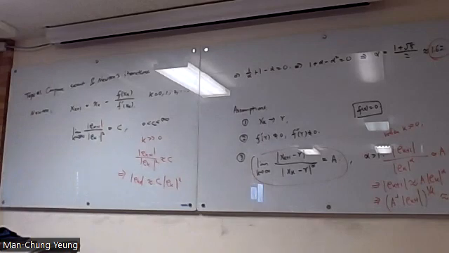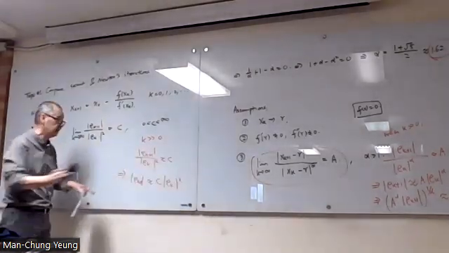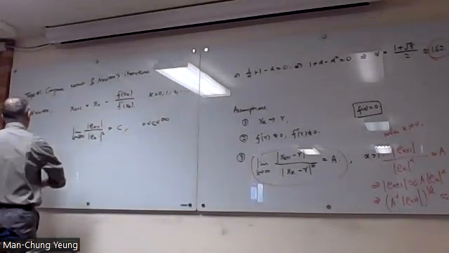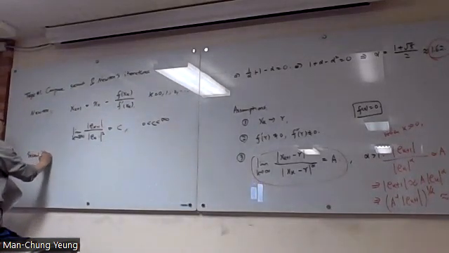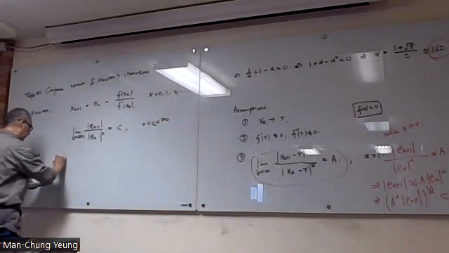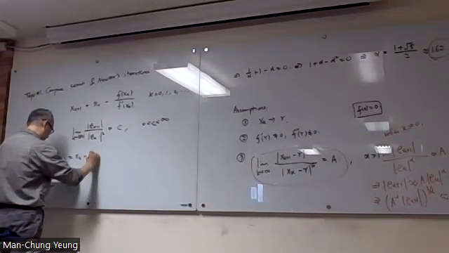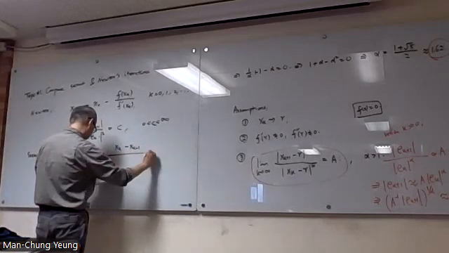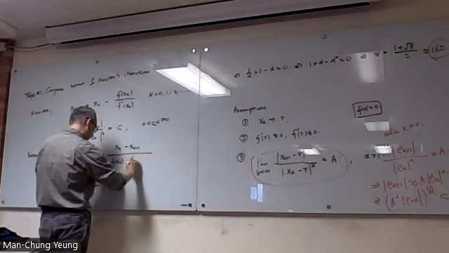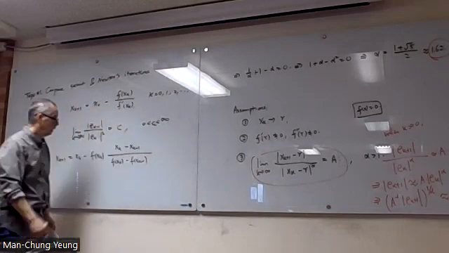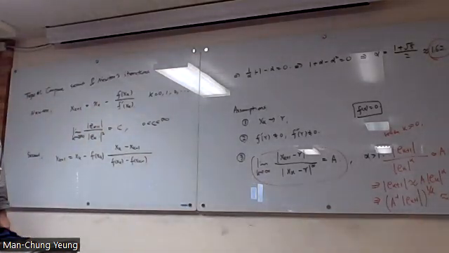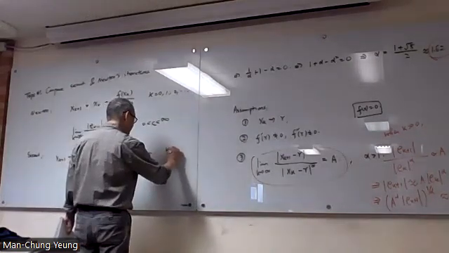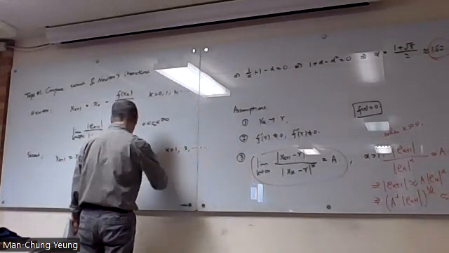The formula for the secant method. To run this secant method, we need two initial guesses about the root R. So k starts with 1, 2, and so on.